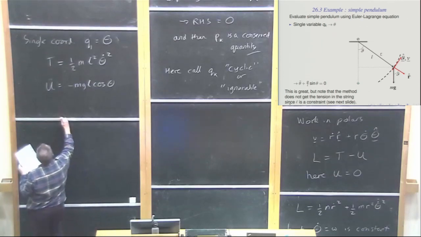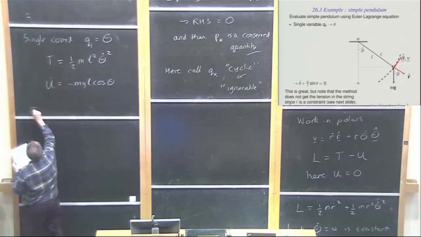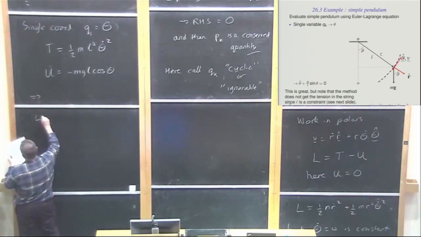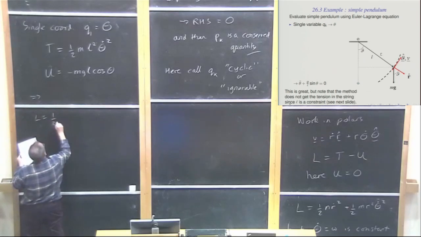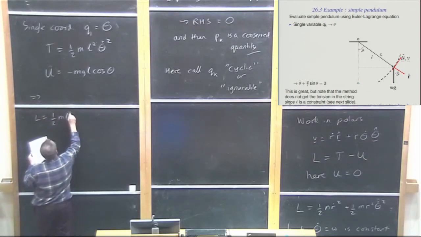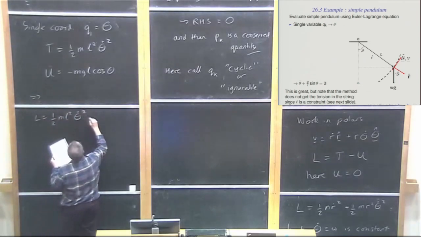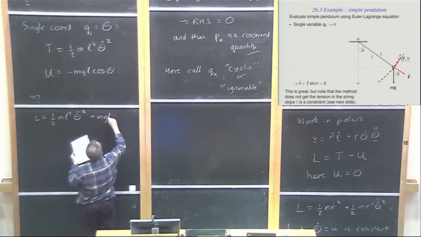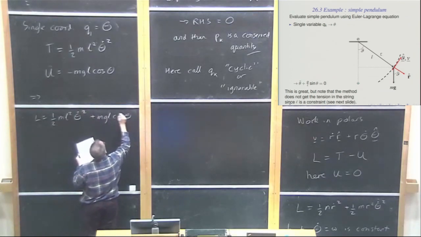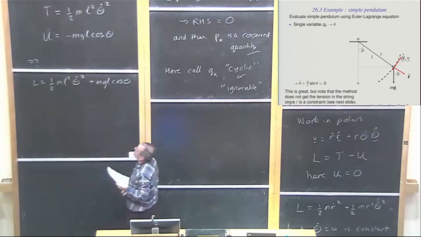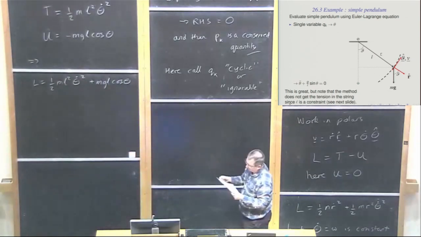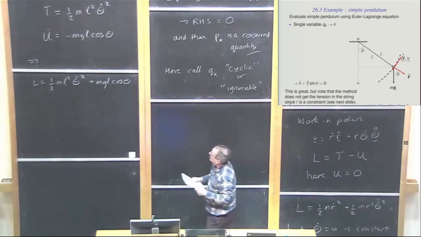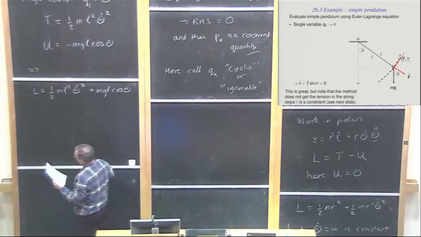And so L is going to be given by a half m L² θ̇² minus this, so I get plus m g L cos θ. This was the expression for the Lagrangian we actually had on the first transparency. Okay, so you should be getting the hang of things now.